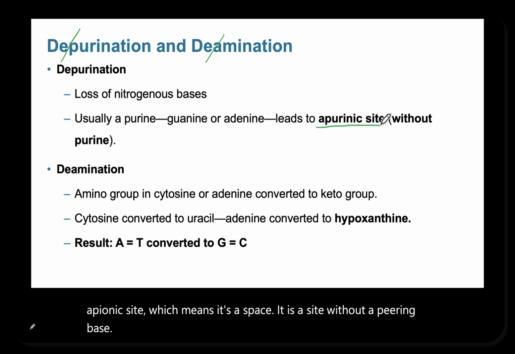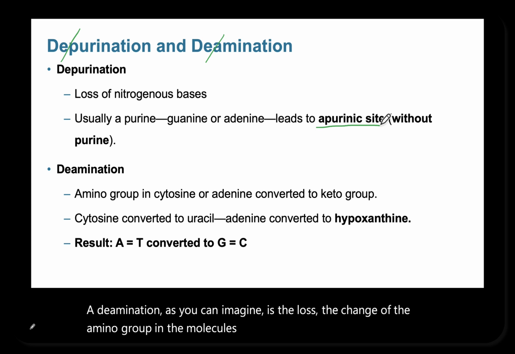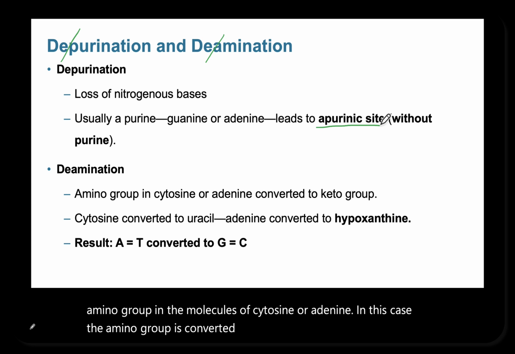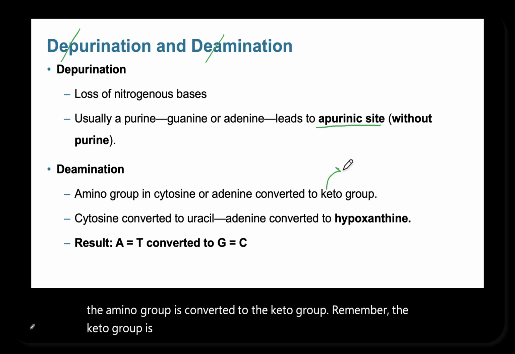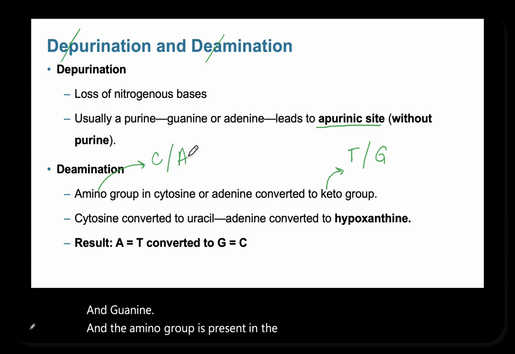A deamination, as you can imagine, is the loss, the change of the amino group in the molecules of cytosine or adenine. In this case, the amino group is converted to the keto group. Remember, the keto group is only present in the thymine and guanine, and the amino group is present in the cytosine and adenine.